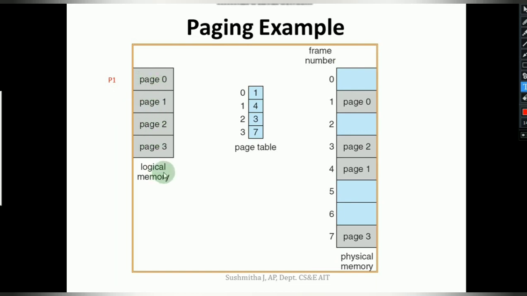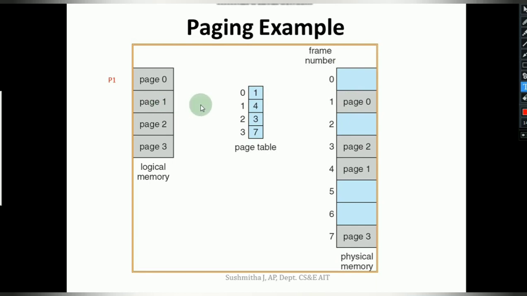So the logical memory knows it has page 0, page 1, page 2, page 3. Now what is there in the page table? I have this index of 0, 1, 2 and 3. And in which frame is each page sitting? Page 0 is sitting in frame 1.